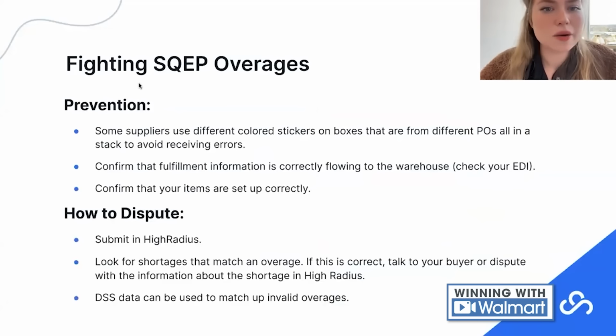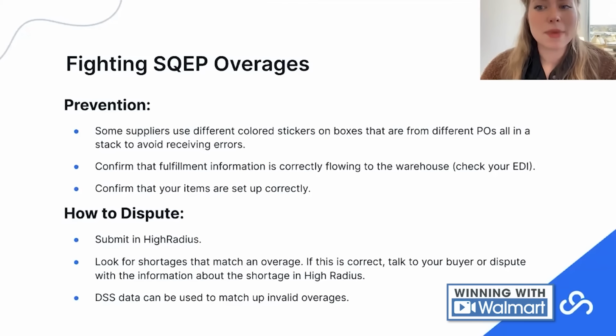So, okay, let's talk about some of the ways to prevent SQEP overages. This is something that we suggest quite a bit, and I know it's not possible for every supplier, depending on the size of your business, but we have seen some suppliers have really great success with differentiating between the boxes that they're sending.